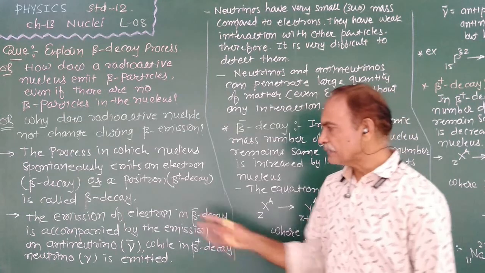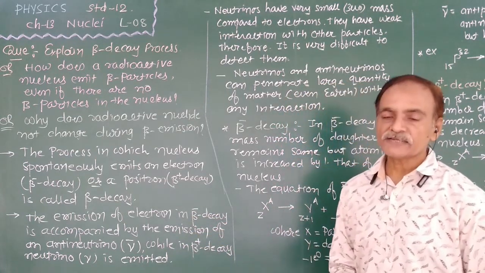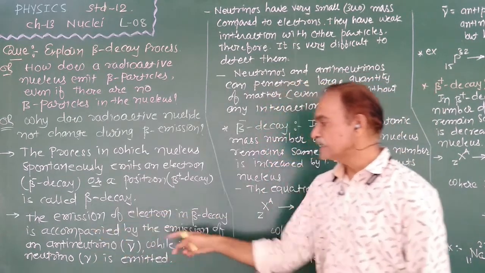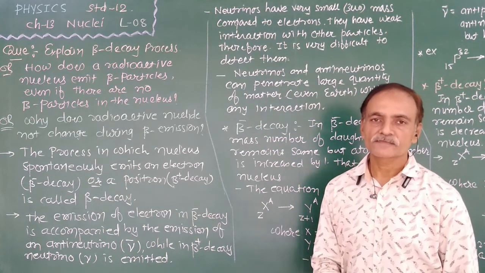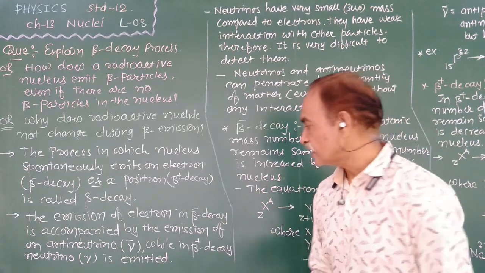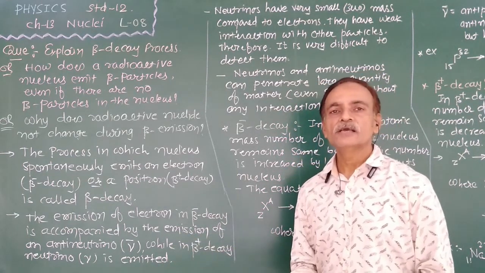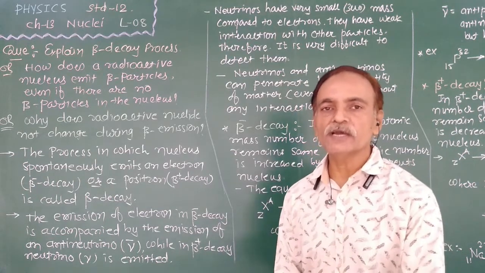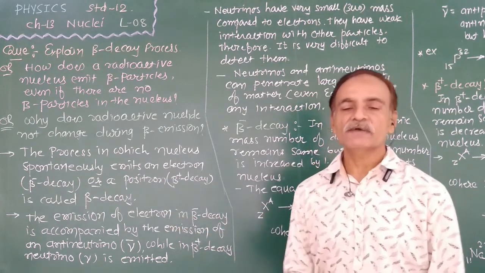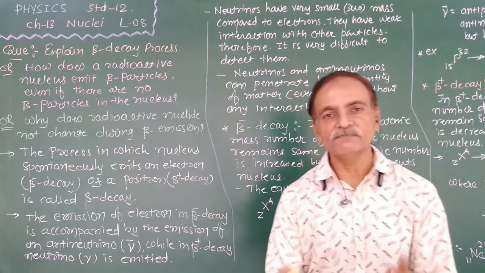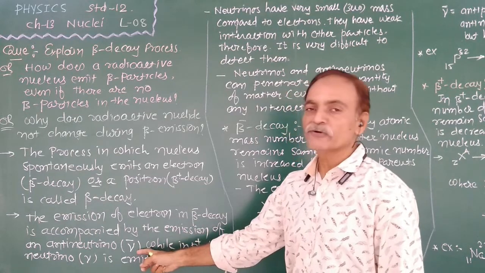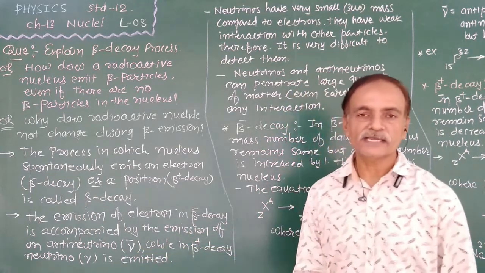That means during the beta emission, when the electron is emitted, not only the electron is emitted, the anti-neutrino is also emitted with it.